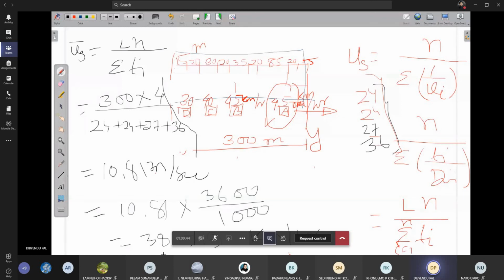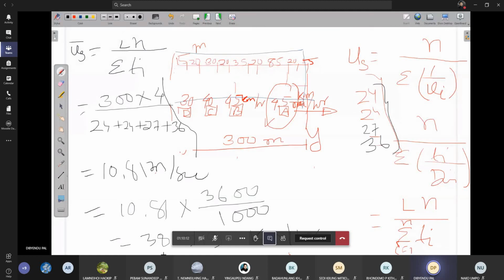If you sum up this total time and divide by the observation time period, that will give you the occupancy. Say in this case there were 4 vehicles. How much time did each vehicle spend? The first vehicle spent 24 seconds. The second vehicle spent 24 seconds within the section XY. The third vehicle spent 27 seconds.